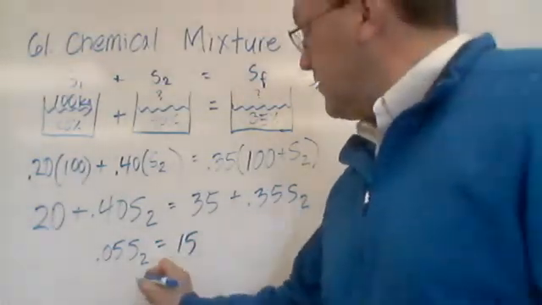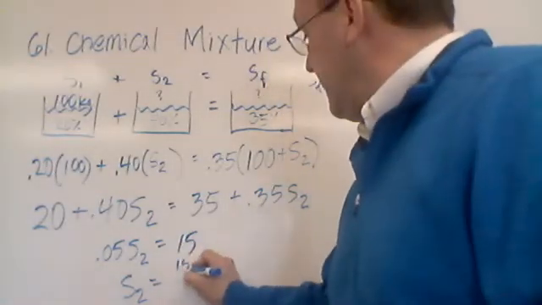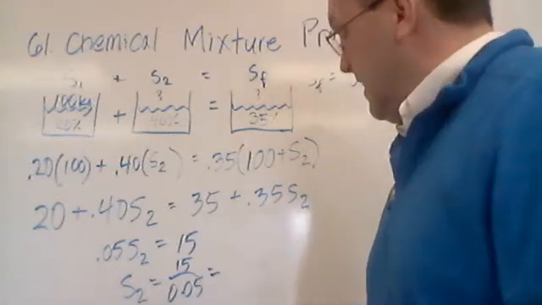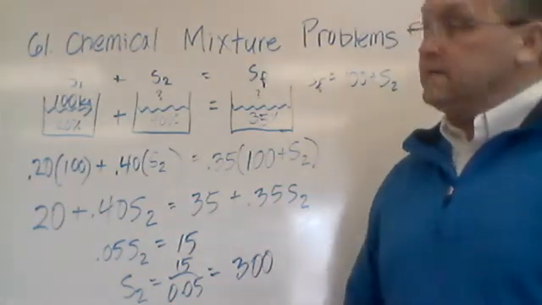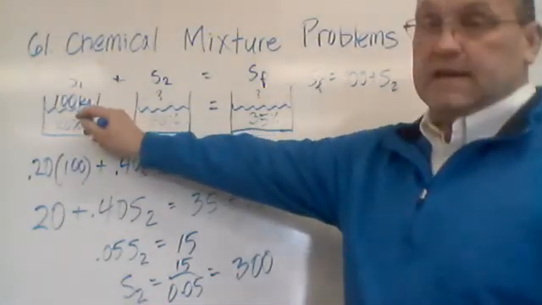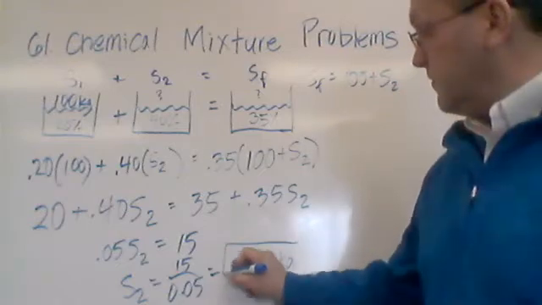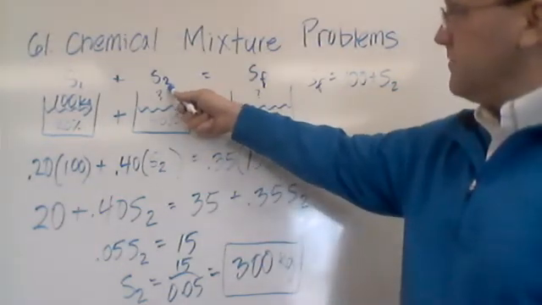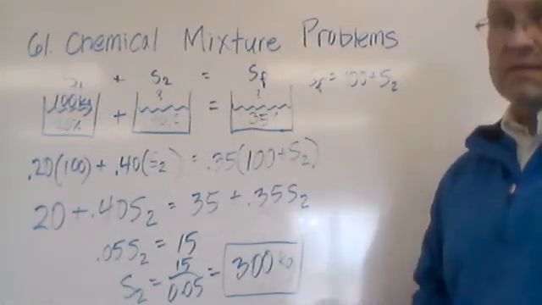The amount of solution number 2 then will equal 15 over 0.05. That comes out to 300. What is the units that is used? They express that in kilograms up there. That is the units we're going to use. So we're going to add 300 kilograms of solution number 2 to get a 35% solution.